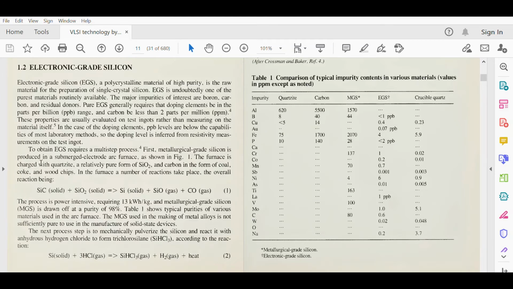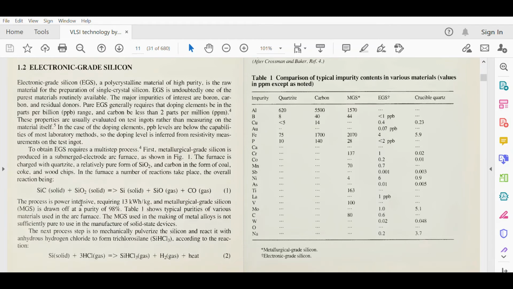The furnace is charged with quartzite, a relatively pure form of silicon dioxide, and carbon in the form of coal, coke, and wood chips. In the furnace, a number of reactions take place. The overall reaction is solid silicon dioxide giving solid silicon as well as carbon monoxide gas.